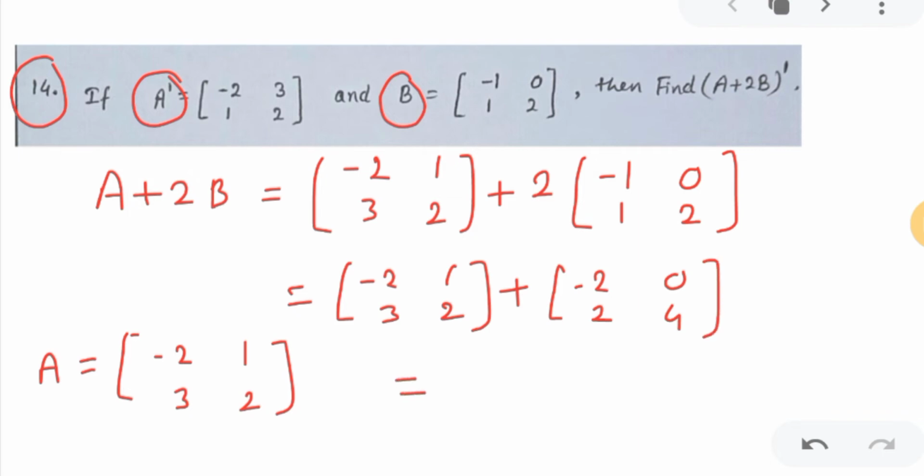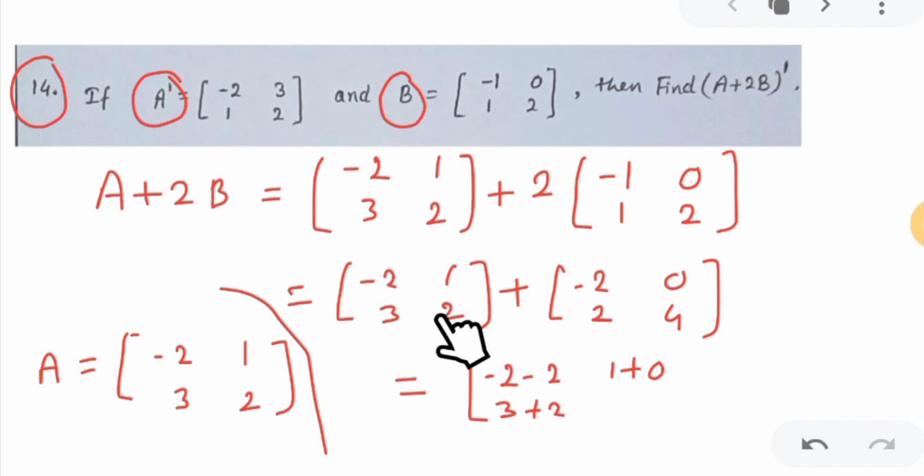So after addition, I will do directly -2 plus -2, 1 plus 0, 3 plus 2, then 2 plus 4. Corresponding elements you will add, correct?